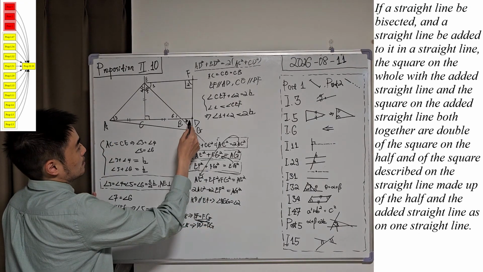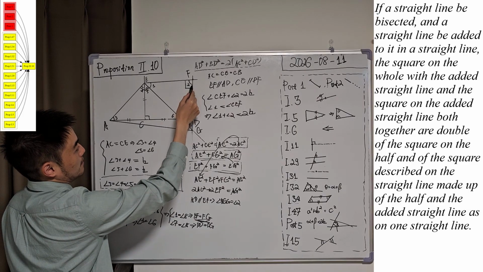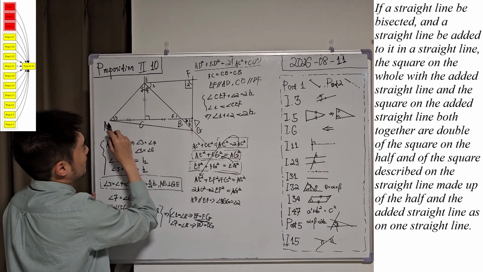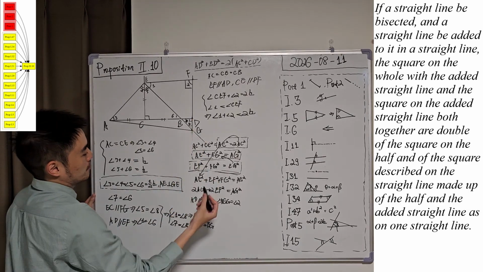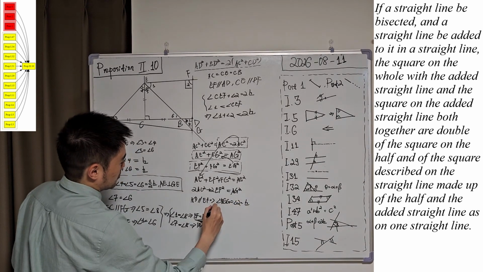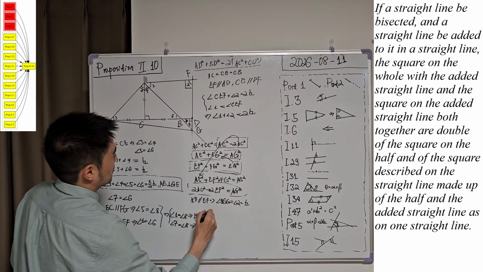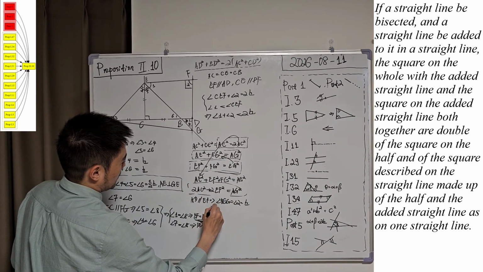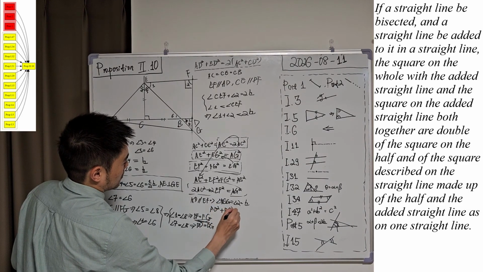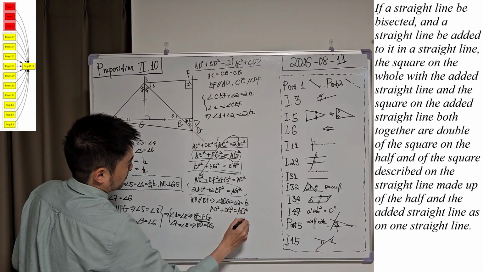Because they are the exterior angle and the interior angle on the opposite side of two parallel lines, so they are equal, which means this is a right angle and ADG is another right angle triangle. So we have, let's put it in the box, AD squared plus DG squared will be equal to AG squared, correct?